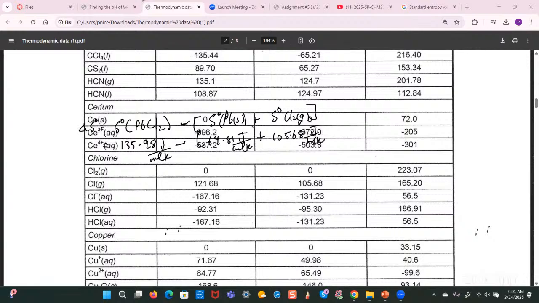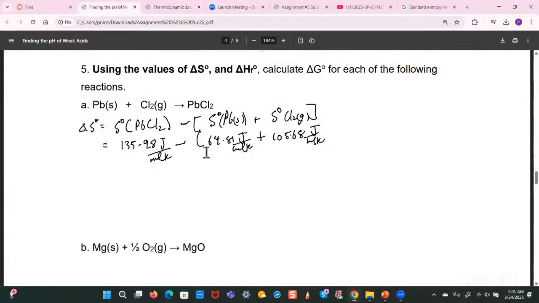All right, so let's see what this gives. So 64.81 plus 105.68, and then I'm going to subtract that from 135.98.